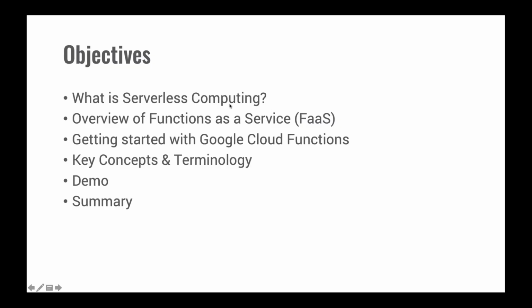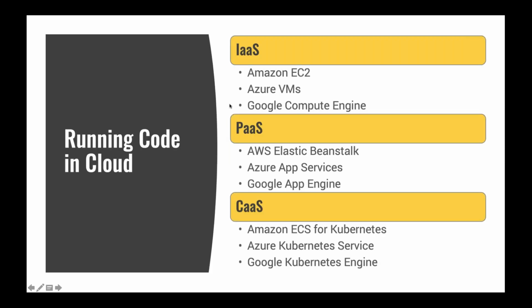All right, so what is serverless computing? But before that, let's step back a little and evaluate various options through which we can run code in the cloud. What I mean by running code in the cloud is that every piece of code that you execute runs in a context.